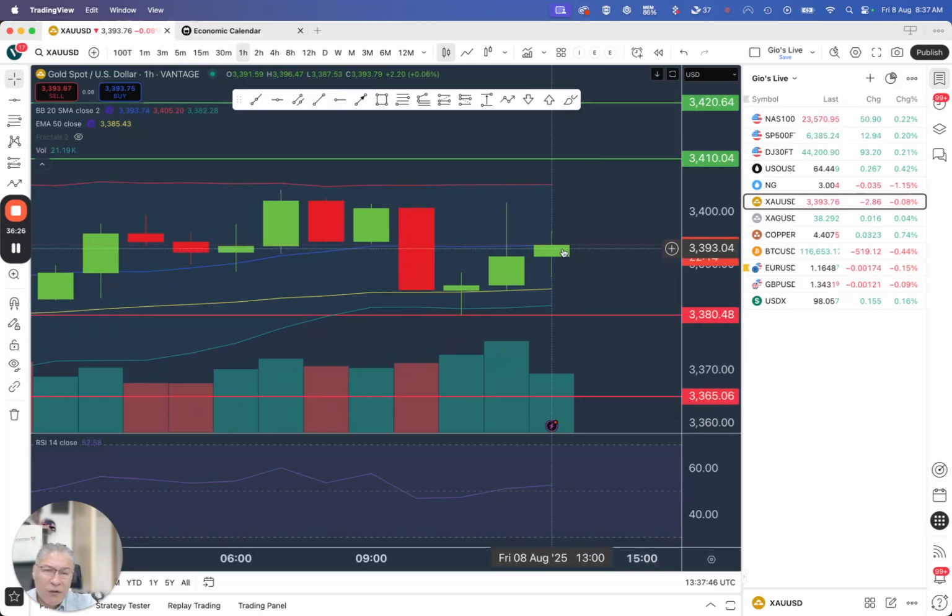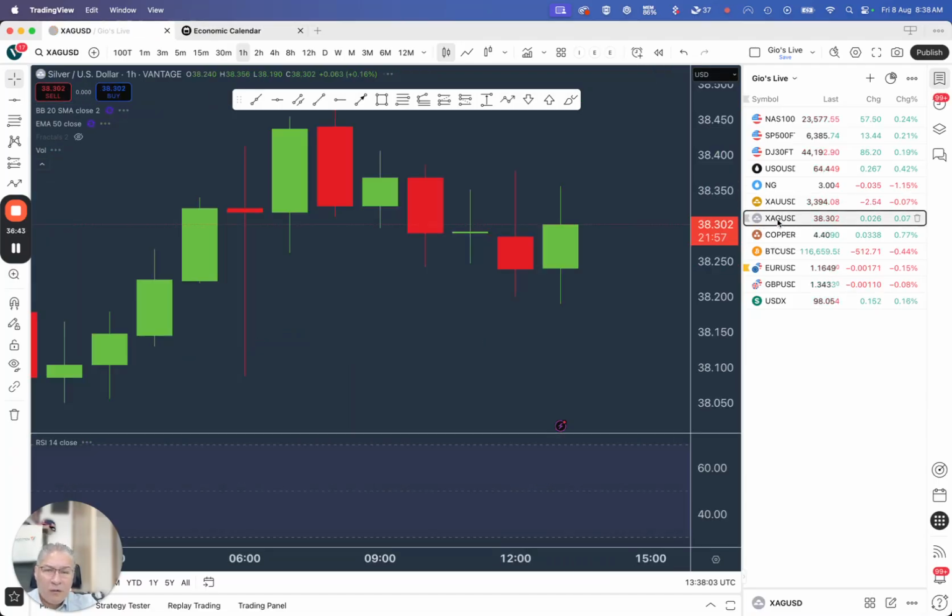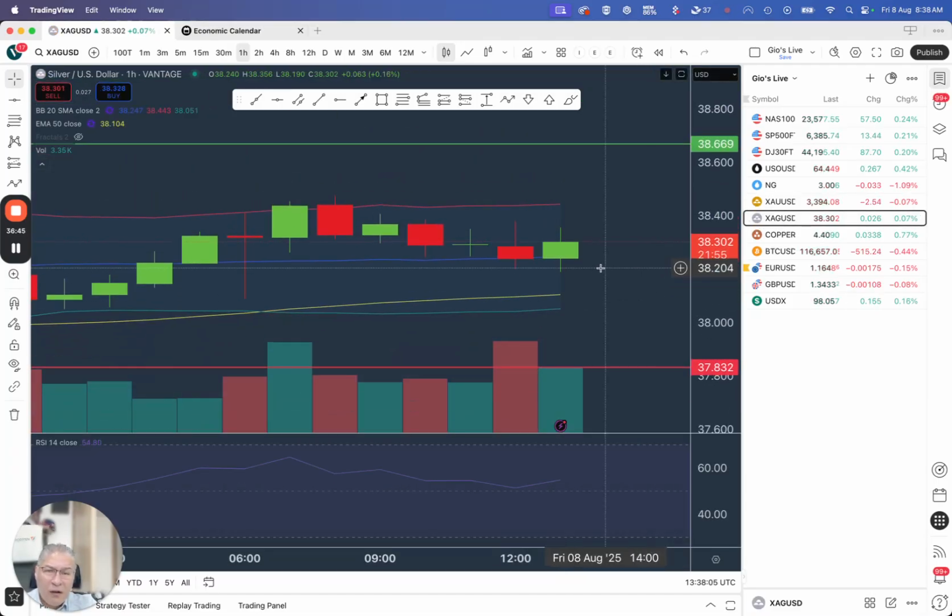In this particular time frame, 3,400 again is going to be our initial target. After that, as we fluctuate above those previous swing highs, we come into our first level of resistance, which is also our target. So let's see, silver. Yes, also look at the candles, right? The strong volume here on this momentum.